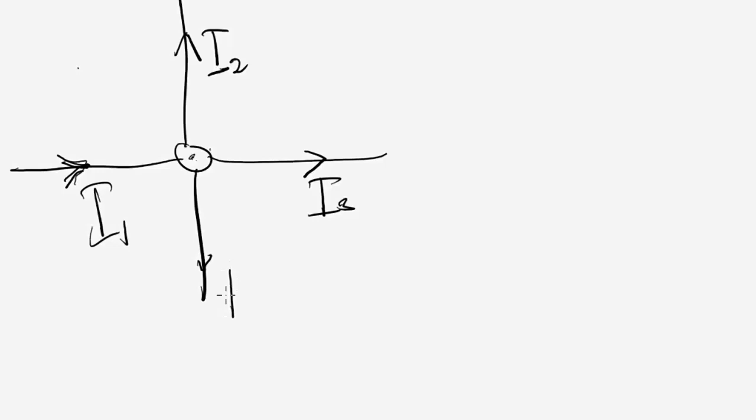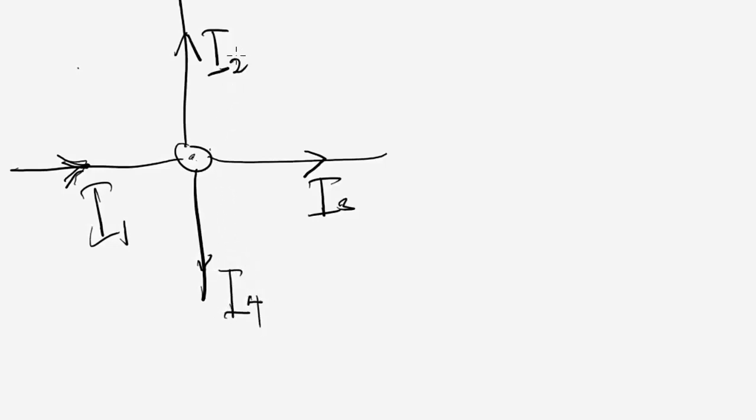Let's say we have the first current flowing into this junction from here. This is I1, but then there are currents also flowing out of it. Let's say this is I2, and then flowing out through this way is I3, and then flowing out through this way is I4.